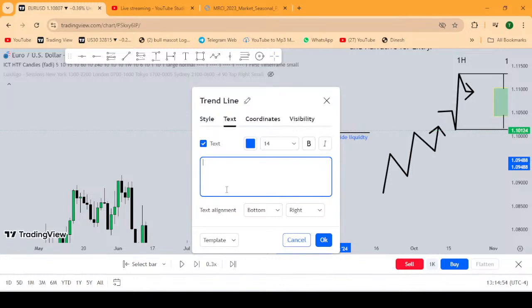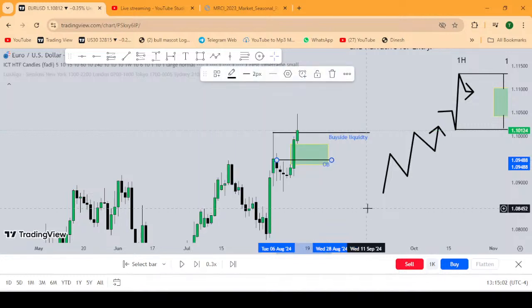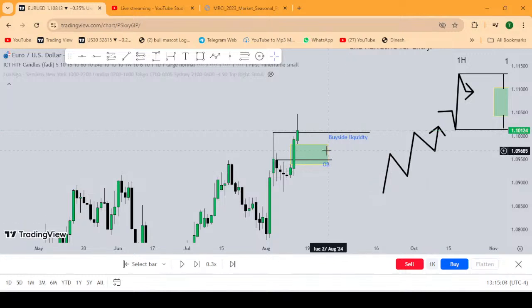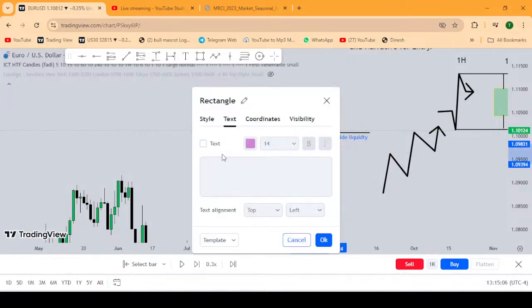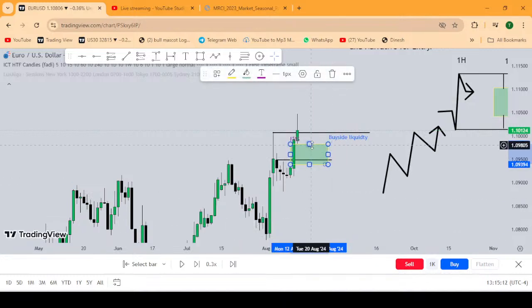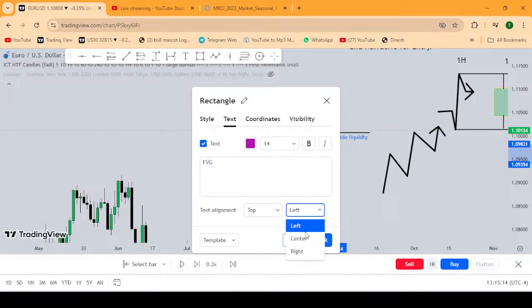There are two strong zones that could hold price from going lower. So this is an OB, then this is a fair value gap. So this is an FVG. So this is the center and inside.